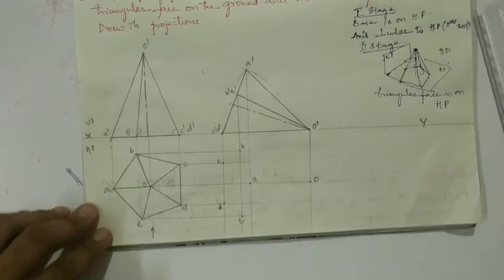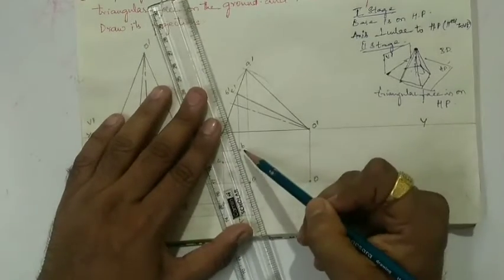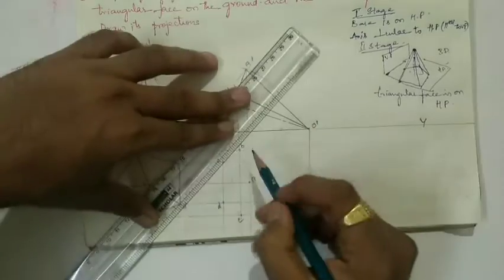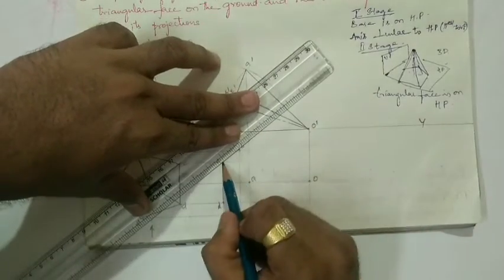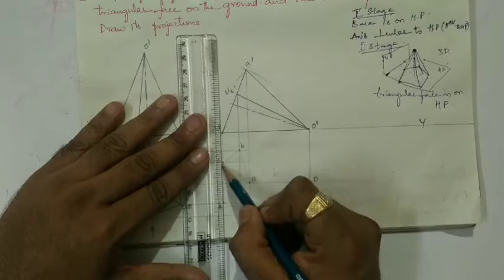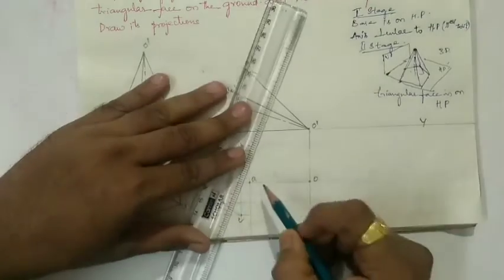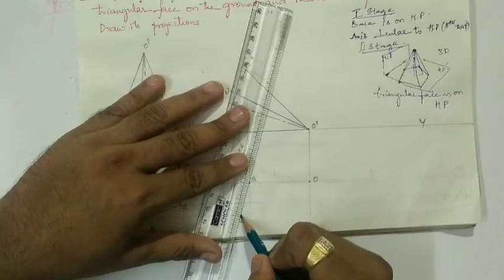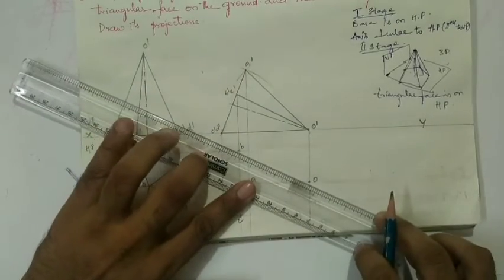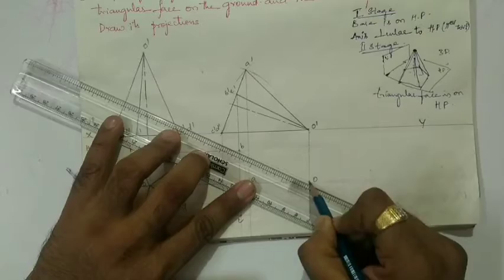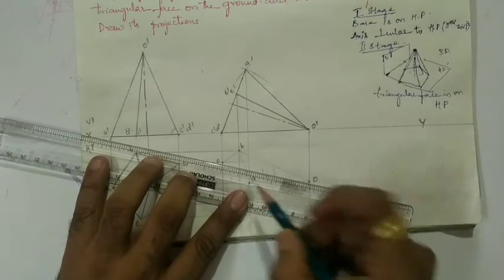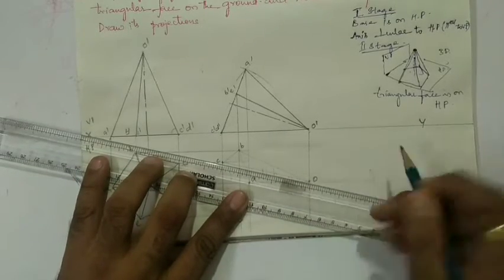So first draw the outline of this one. Join each and every corner point to the apex line.